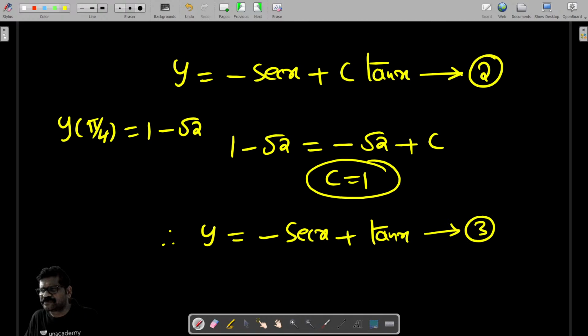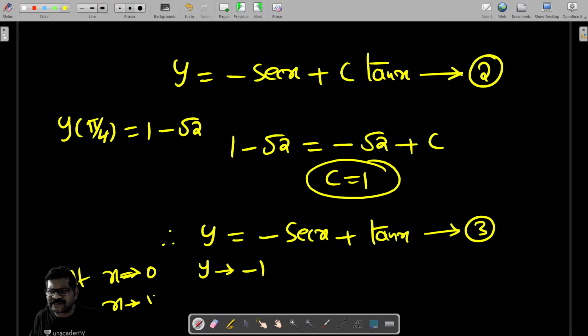Called it 3. Now as x tends to 0, what about y? When x tends to 0, y tends to minus 1.